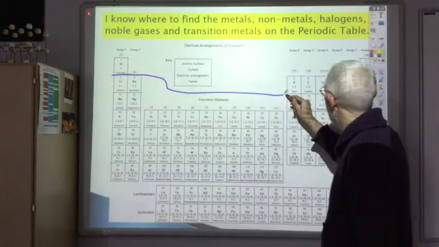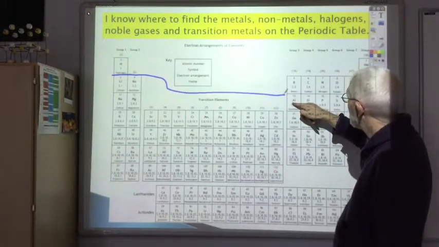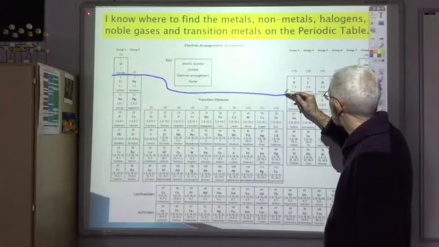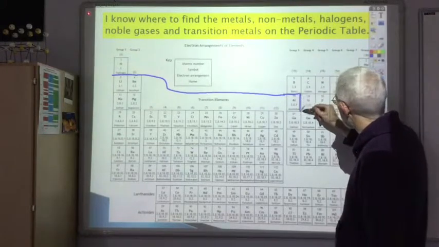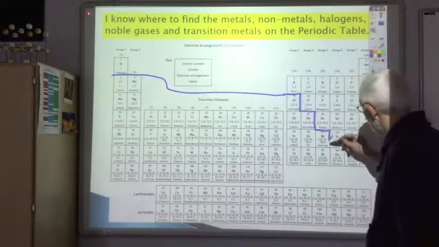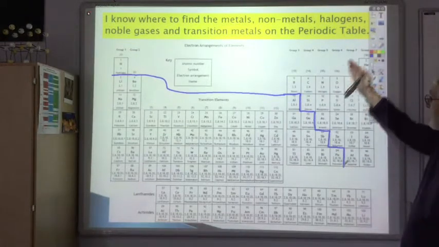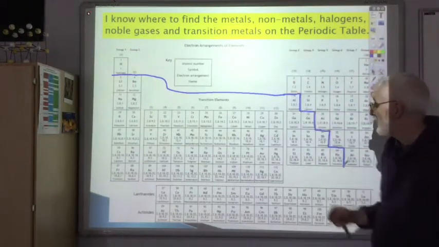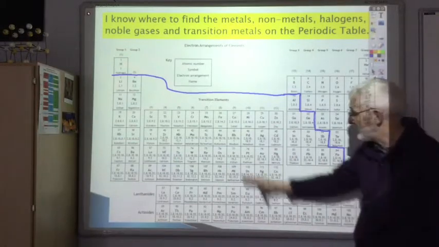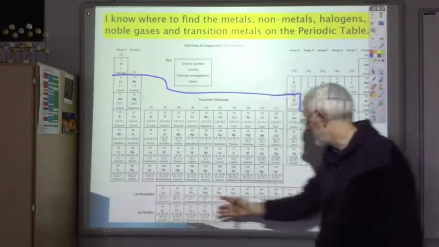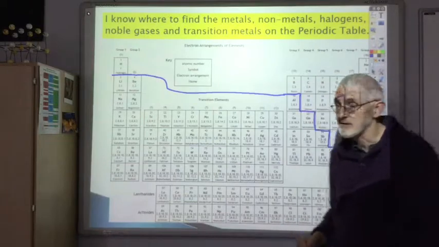And then when we get over here, aluminium's a metal, boron's a non-metal. So we then zigzag down the periodic table. Everything up here, and hydrogen, is a non-metal. Everything down here, including these, are metals.